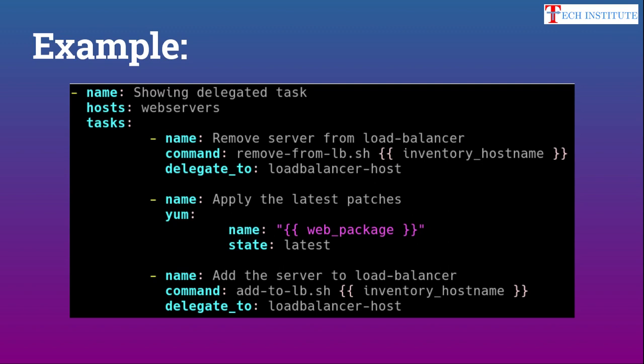Suppose you have 10 servers under your web servers: the first task will run 10 times, removing each host from the load balancer, then it will apply the patches, and again run 10 times to add those 10 hosts back into your load balancer.